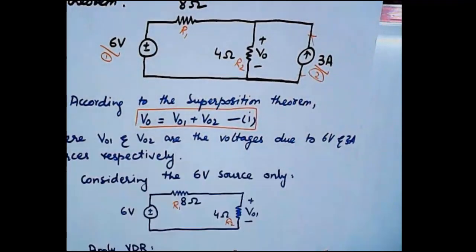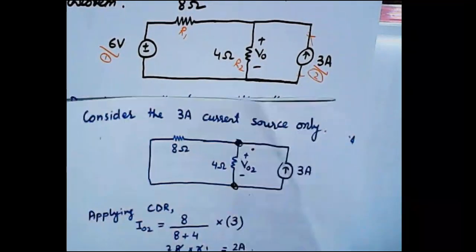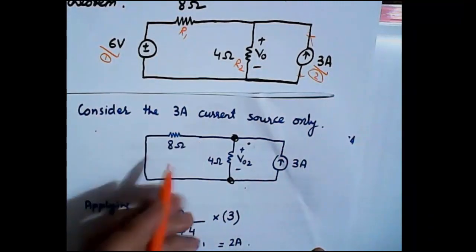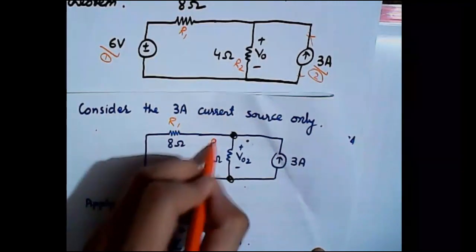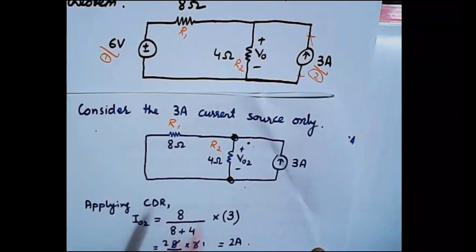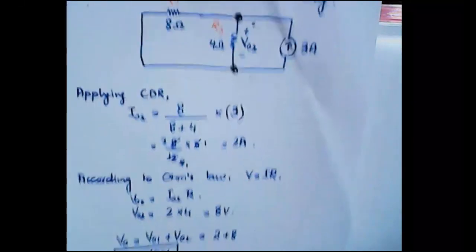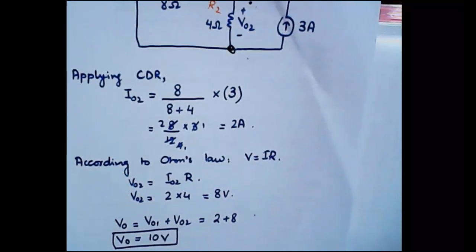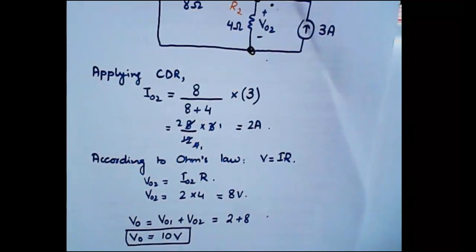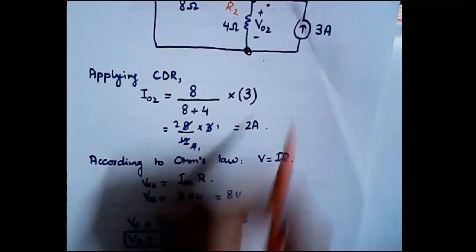Clear? Then in the next step we considered the 3 ampere current source only. Here it is R1, here it is R2, and we turned off the 6 volt source, which means that now the resistances R1 and R2 are in parallel, and we know that when two resistances are in parallel, the current divider rule is applicable. What does the current divider rule say?